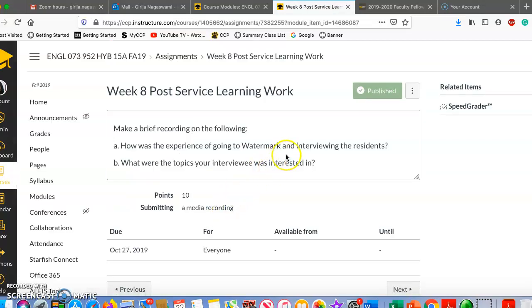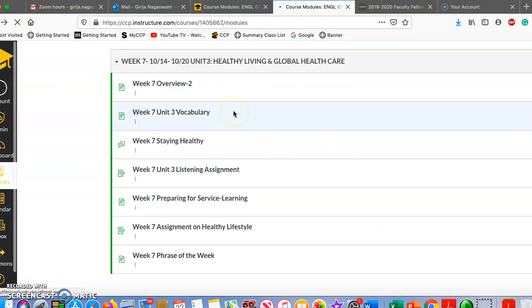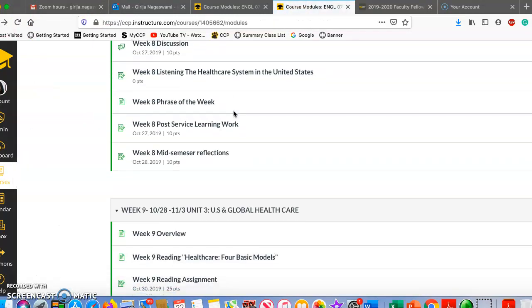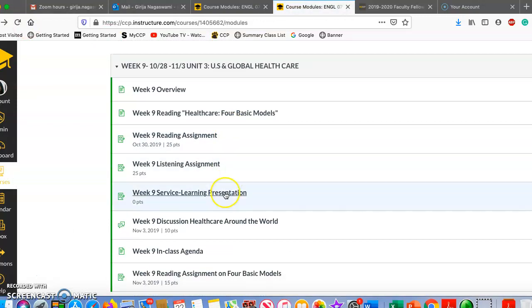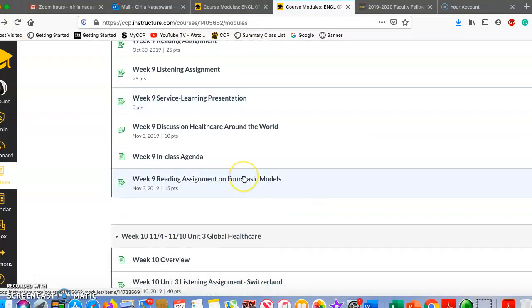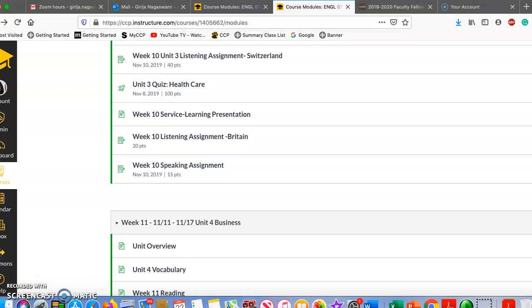They had to record for me how the experience of going to Watermark and interviewing the residents was, and what the topics were, after the first time. And then they also had to write a reflection on what they learned. So they did the service learning presentation, and they came back and did a reflection on service learning.